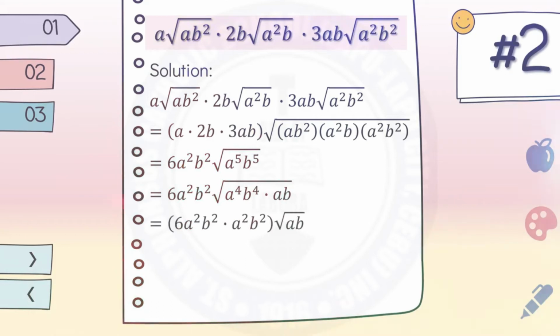As we continue simplifying, we have the quantity 6A squared B squared times A squared B squared square root of AB. And as we continue simplifying in order to get our final answer, we arrive at 6A raised to 4, B raised to 4, square root of AB. And that is our final answer.